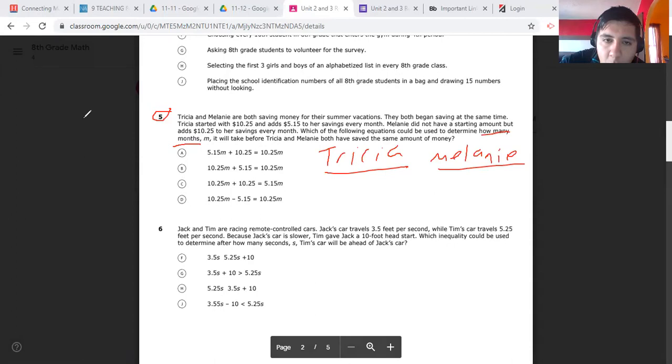Again, what does Tricia start off with? It says she started with $10.25, right? So she starts with $10.25 and she adds $5 to her savings every month.